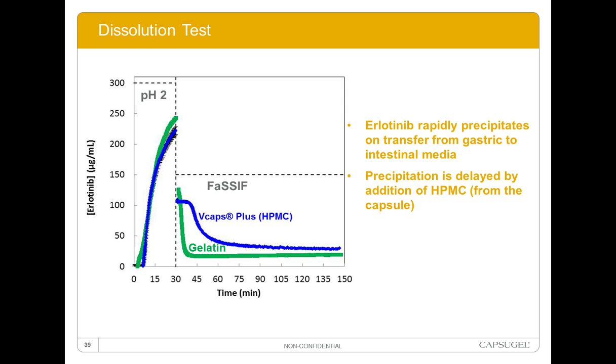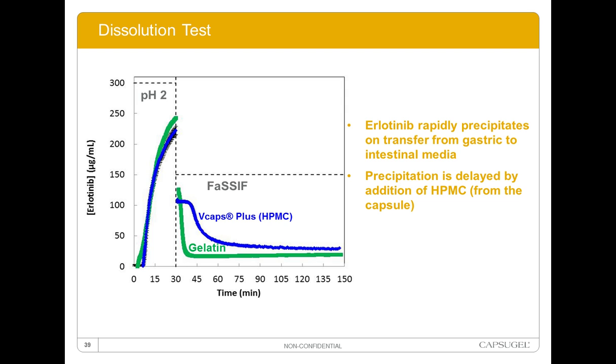Here we have a similar test, a pH transfer test, where we start out in pH 2 for the initial part of the test, and then transfer into a simulated intestinal buffer. In this particular case, in green, I have shown the crystals put into a gelatin capsule, so it's just a standard gelatin capsule. And then in blue is a VCAPS Plus capsule, or an HPMC capsule.